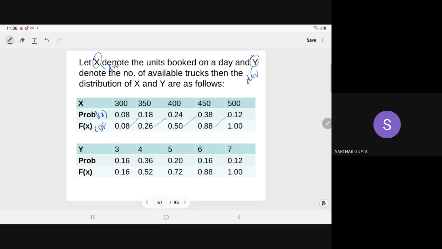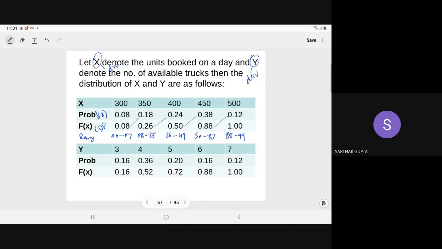So the scheme will be 00-07, 08-25, 26-49, 50-87, 88-99. We never take the right-hand limit; we always take the left-hand limit. So this will be the range for the random number.